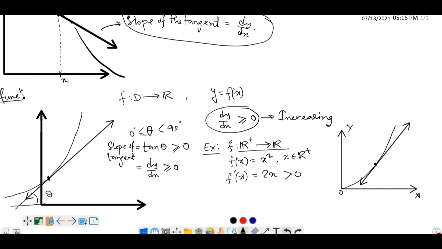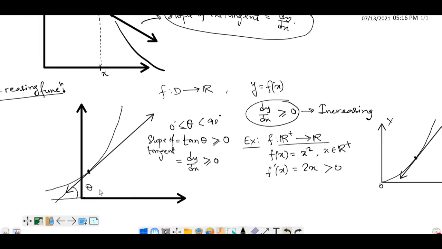In the same way, if you go for e to the power x, this is the graph actually for e to the power x. If you see carefully, for this one also the tangent will always make a positive angle here. The slope of the tangent will always be positive. That means the derivative of the function will always be positive.